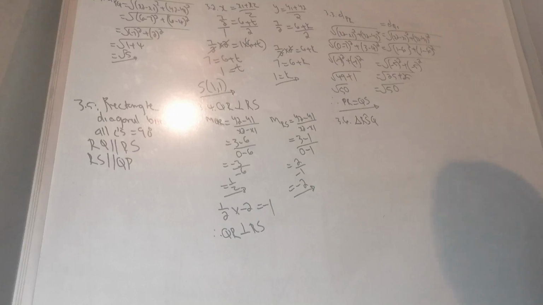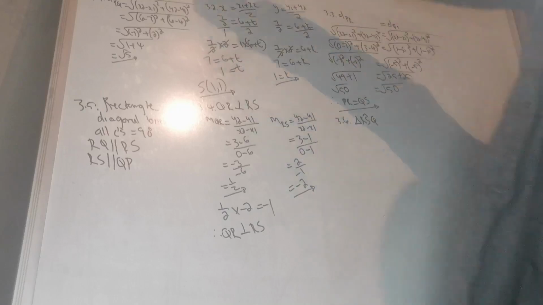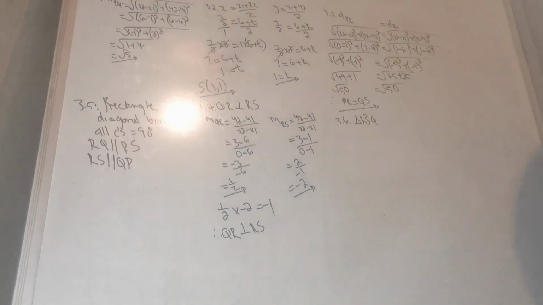The theorem of Pythagoras, because we have sides. Let's look at the side QR.